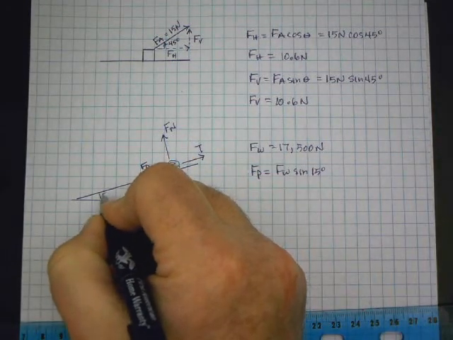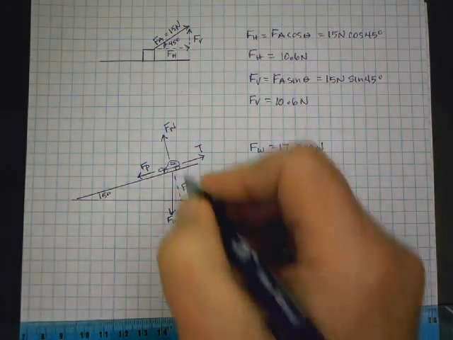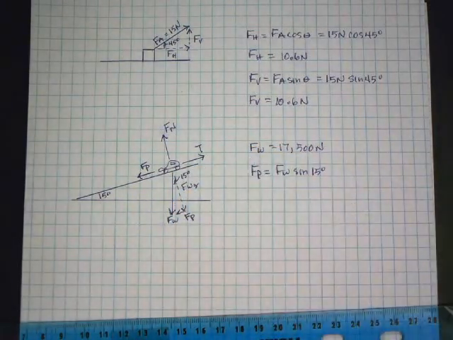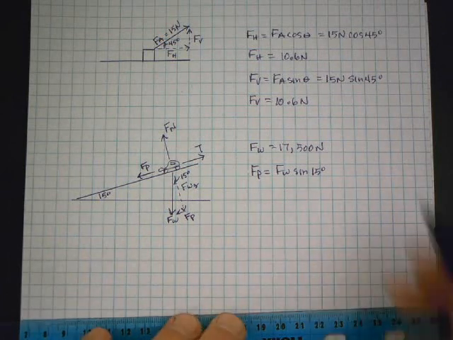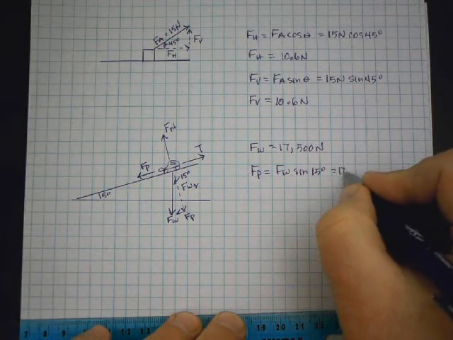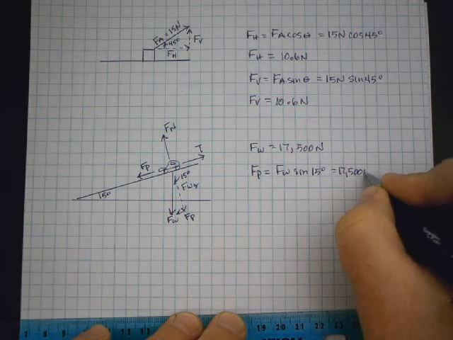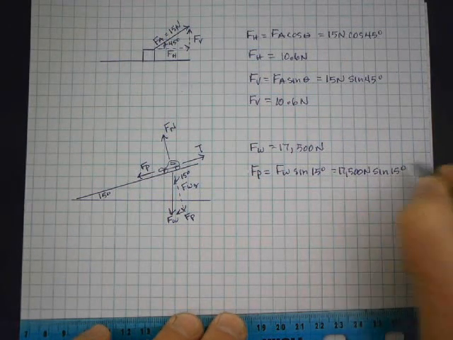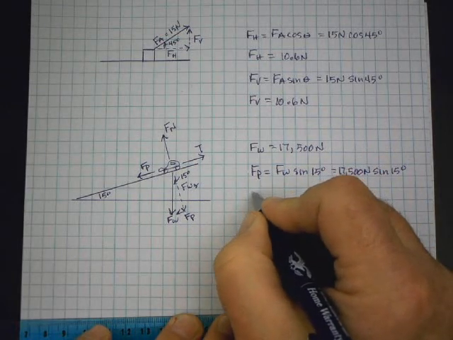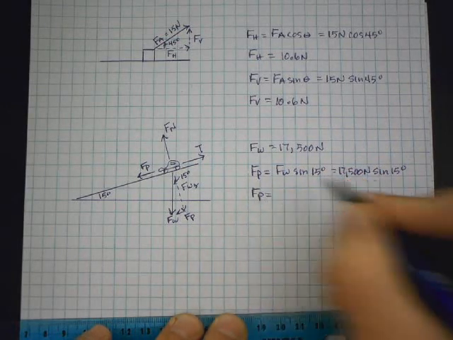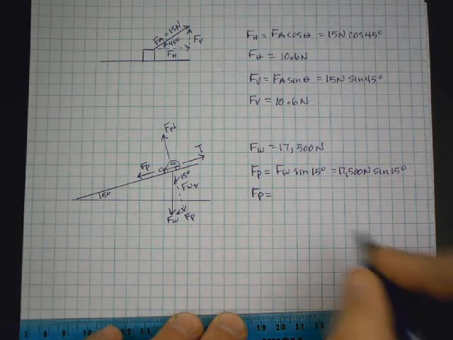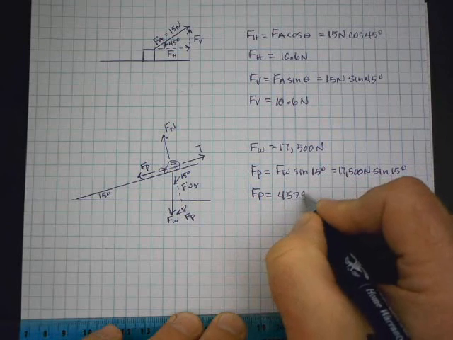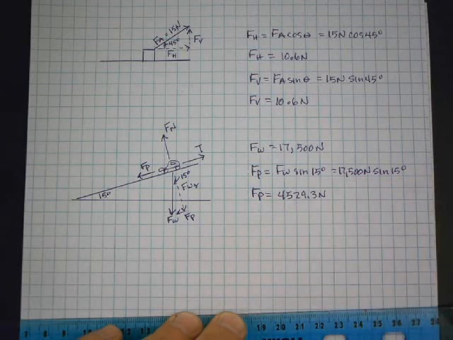In other words, this is 15 degrees, and that angle in there is 15 degrees. So this will be 17,500 times the sine of 15 degrees. So FP will equal 4,529.3 newtons.